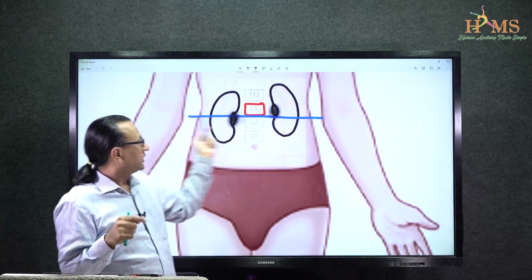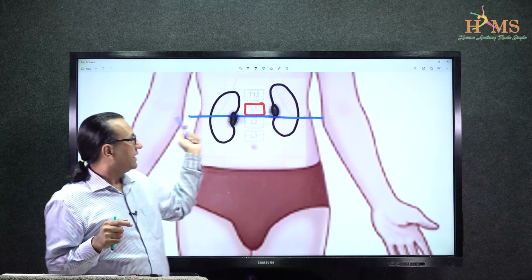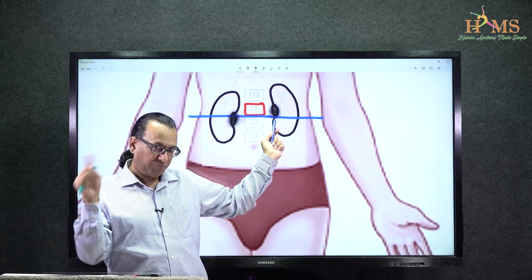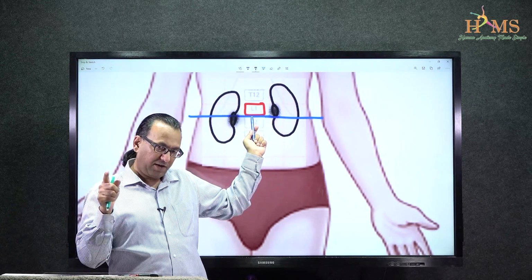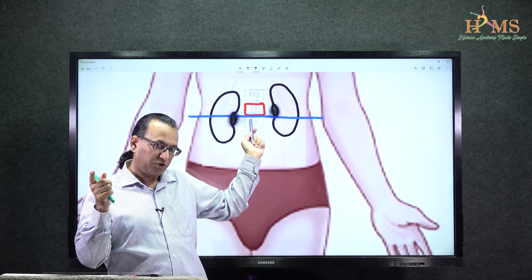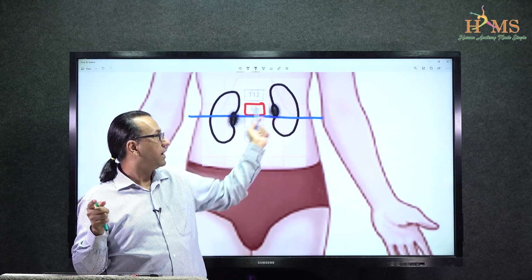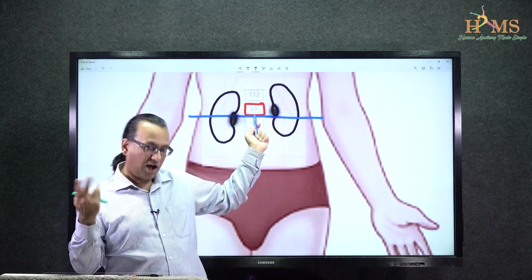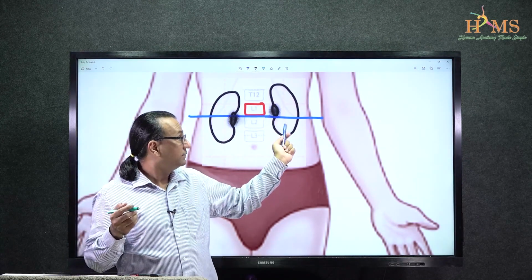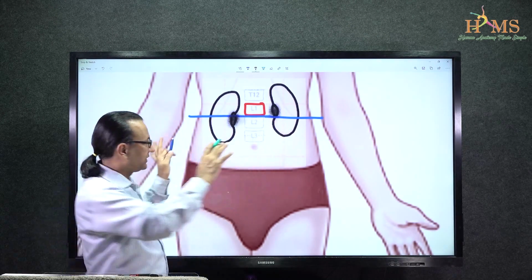But the transpyloric plane definitely passes through the hilum of each kidney. And that is where the abdominal aorta will be giving renal arteries. Of course, the left renal artery will be going higher as compared with the right renal artery. Now, what about the quadrants these kidneys are present in?